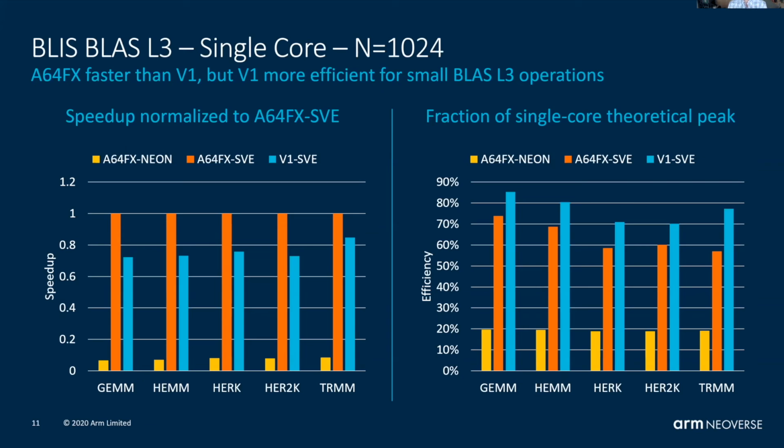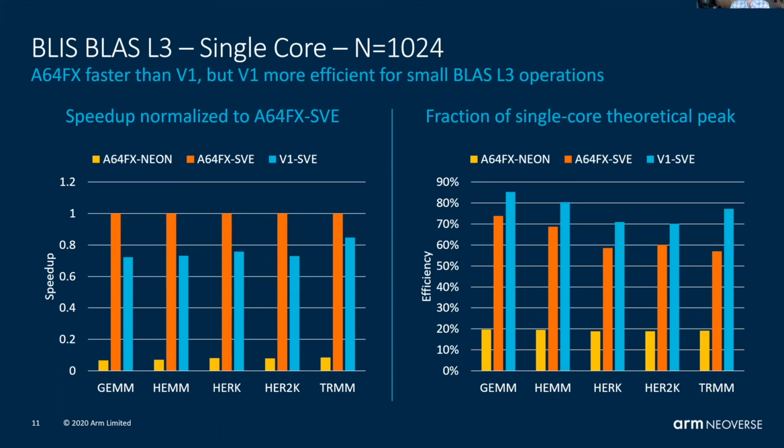And unsurprisingly, we have half the overall vector bandwidth, so our performance is less than the A64FX, but it is greater than 50%. I think this reflects the generational advancements and the microarchitectural advancements that you find in the V1 compared to the A64FX. Not necessarily saying this core is better or worse, simply that it's performing very well using this SVE code.